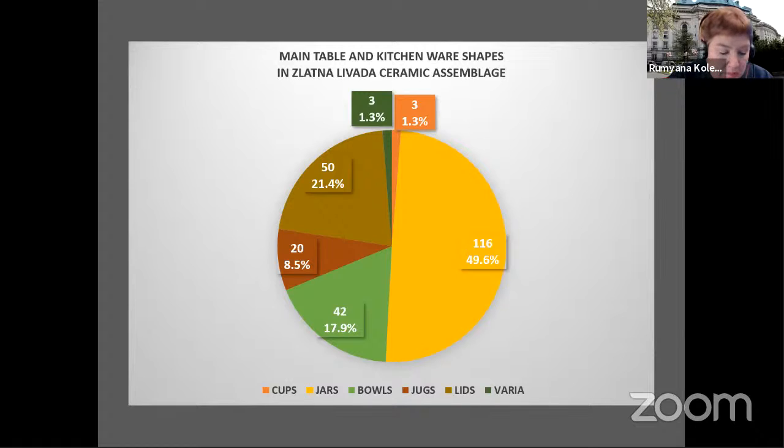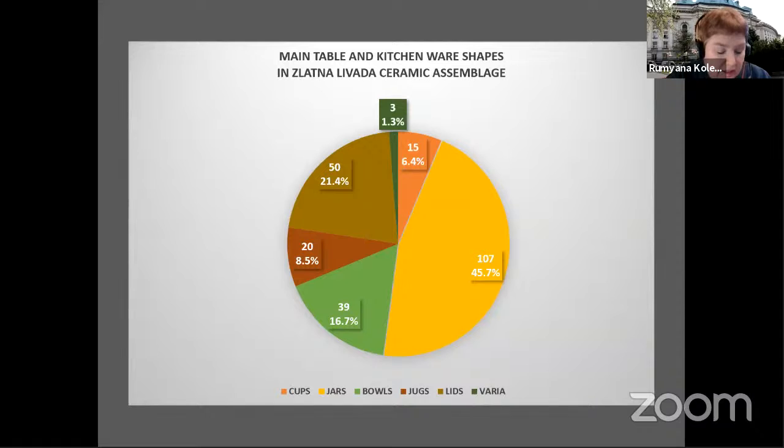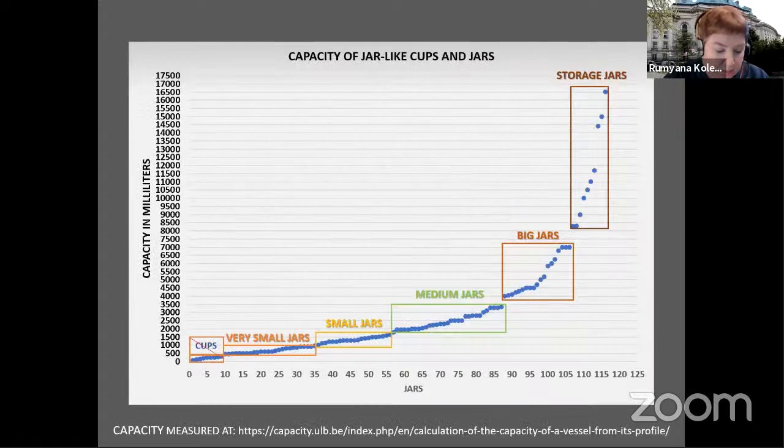If we arrange them according to this characteristic, we still will notice that they can be divided into several groups. A capacity of less than 350 milliliters is normal for a cup, not a jar. So it is right to move all 9 of these pieces to the category of cups. The same is done with bowls of similar small capacity.